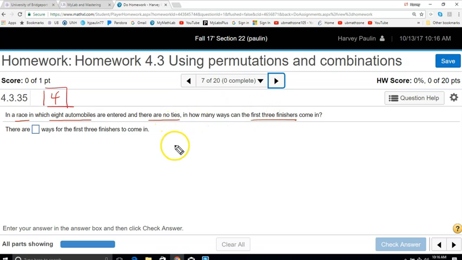Is order important? Yes. So we're going to have permutations. Now, what would this look like? Well, there are 8, and you want to select 3, and order is important. Put that in your calculator. Let's see what you get.